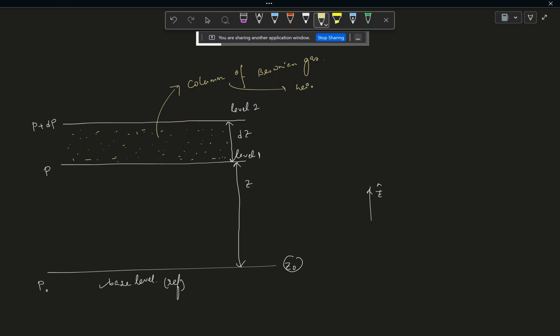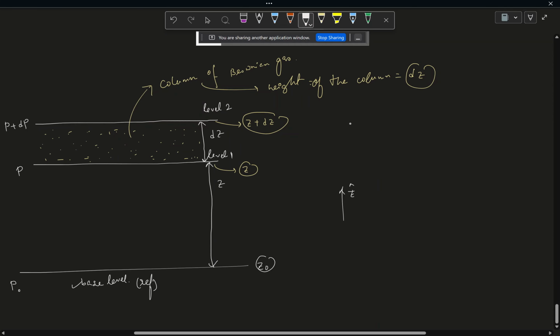Here the thickness of the column is dz, because here it is z, and at level 2 the height, calculated from the base level, is z plus dz. So the thickness of the column between these two positions is just dz only. And there is also this P and P plus dP. So the pressure of the gas that the Brownian molecules have at height z is P, and at height z plus dz the pressure is P plus dP.